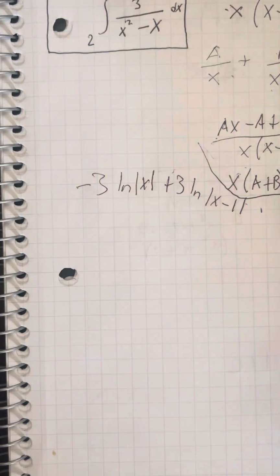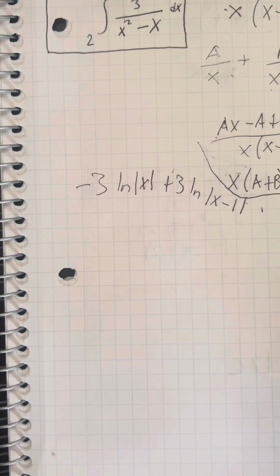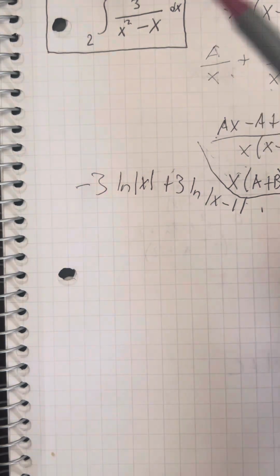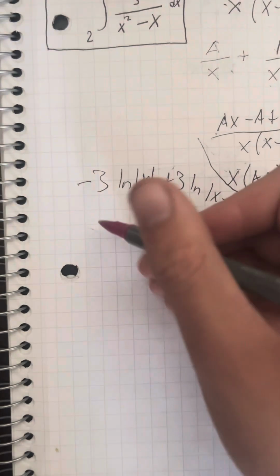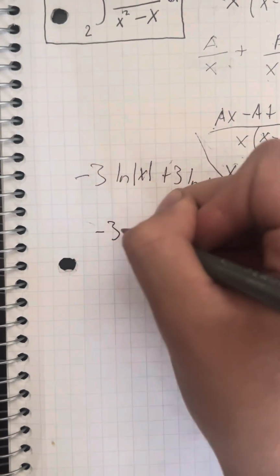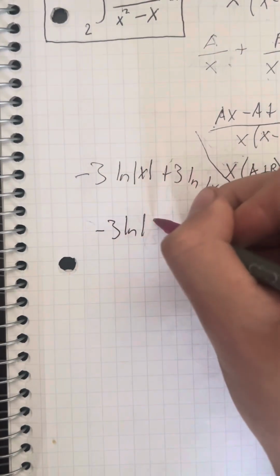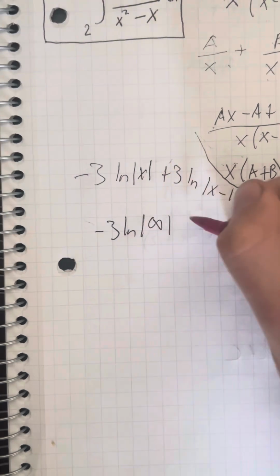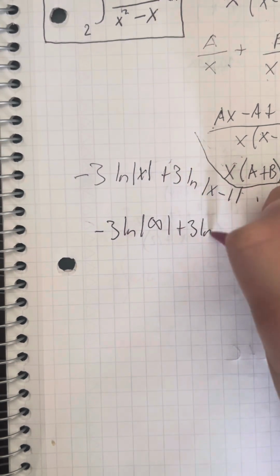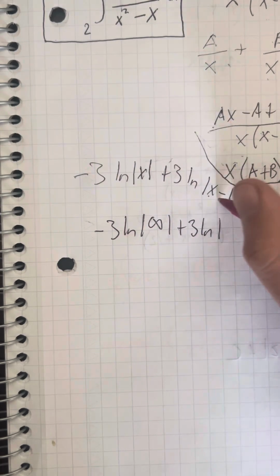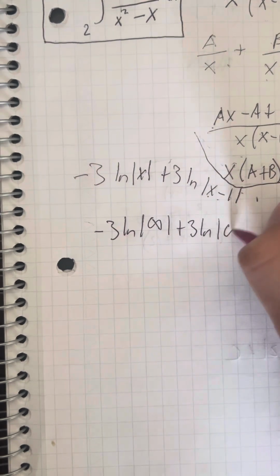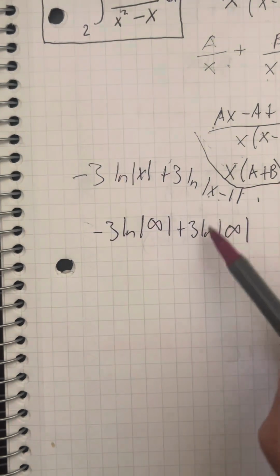All right. Now, from here, what we may think is, let's plug in infinity and 2 and find out what our answer is. So let's try doing that. Negative 3 ln of infinity plus 3 ln of infinity minus 1, which is still infinity, guys. Okay?